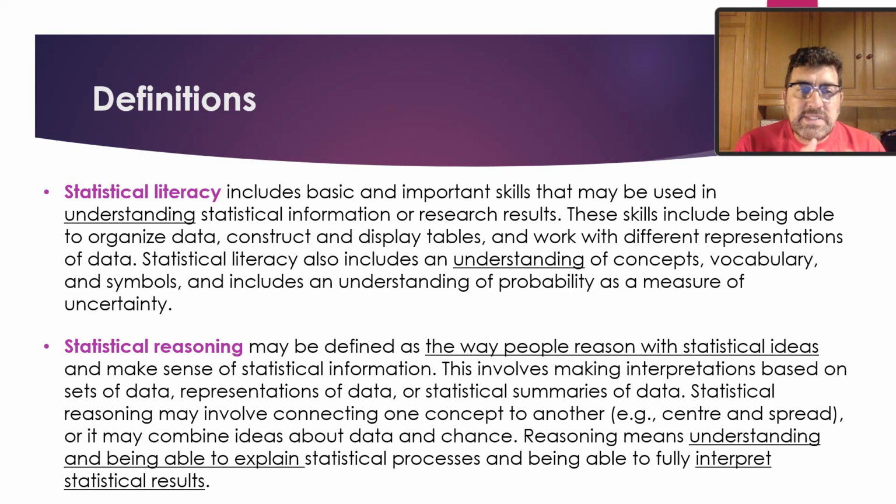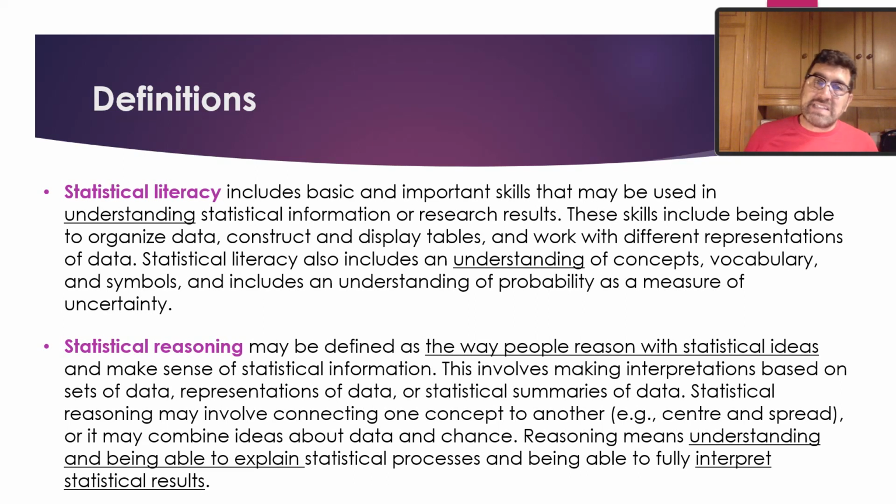So the author says statistical reasoning may be defined as a way people reason with statistical ideas and make sense of statistical information. This involves making interpretations based on sets of data, representation of that data, and statistical summaries of data. Now I want to say appropriate statistical summaries. Statistical reasoning may involve connecting one concept to another.